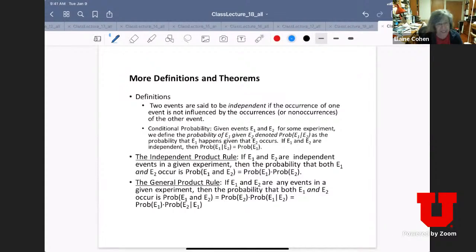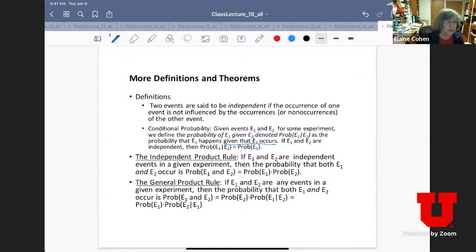Is the probability that E1 happens given that E2 occurs. If E1 and E2 are independent, then we have the simple product rule. If they're not, then we're going to have a different rule.